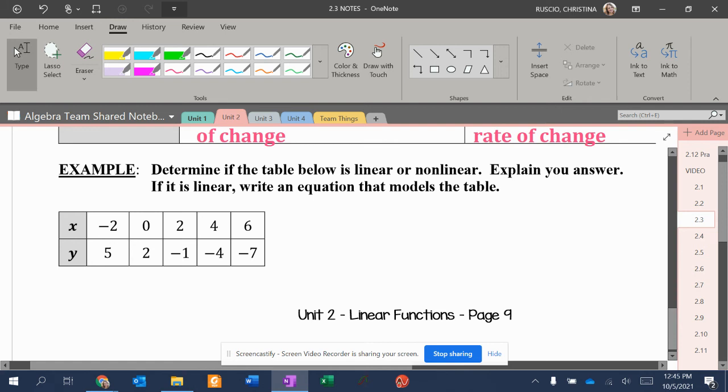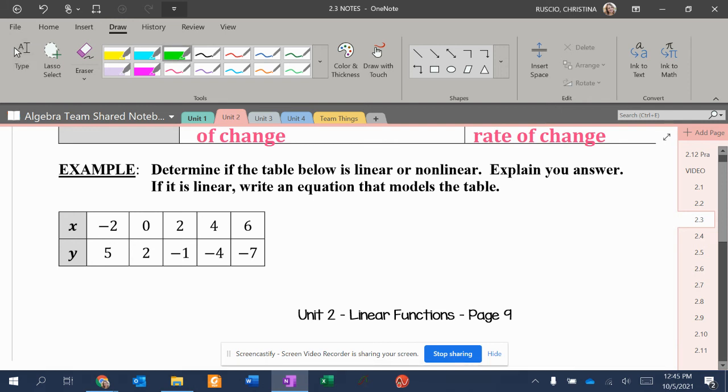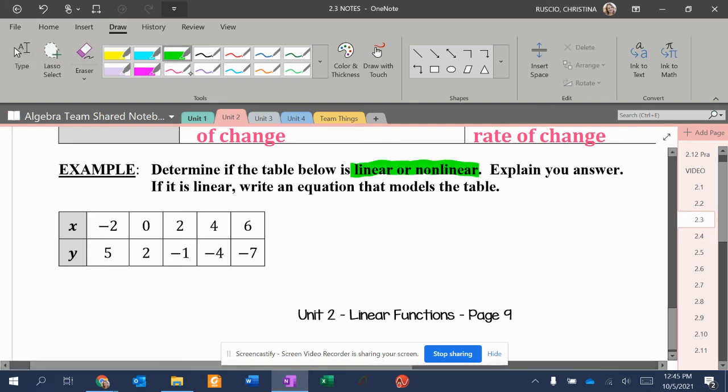Let's finish it up. Is this table linear or nonlinear? It's asking us. All right, let's figure it out. Is it linear? The x's appear to be going up by 2s every single time. So that's good news for us. What's happening with the y's? Ooh, looks to me, yes, they're going down by 3. So if we want to calculate the slope, just because we're fancy, change in y divided by change in x, blast from the past.